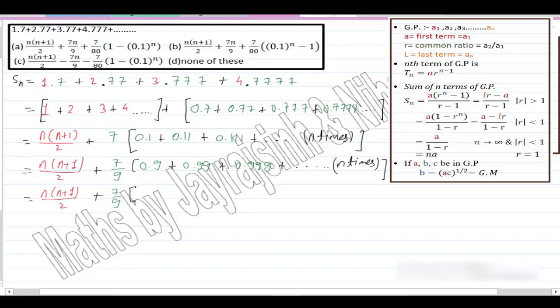Now it's time to split the terms. 0.9 can be rewritten as 1 minus 0.1, right? Similarly, the second term can be rewritten as 1 minus 0.01. The third term can be rewritten as 1 minus 0.001 and so on, and the same thing here, we'll get n times 1 and this is also n times, right?